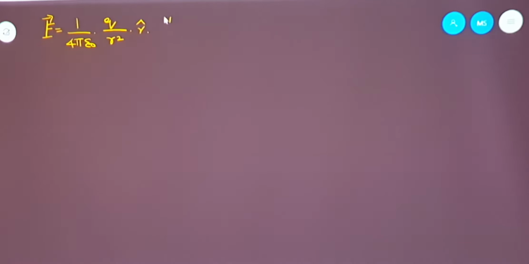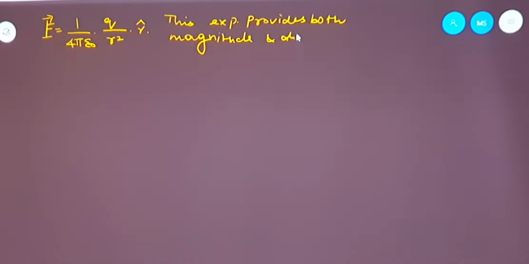This expression provides both magnitude and direction.